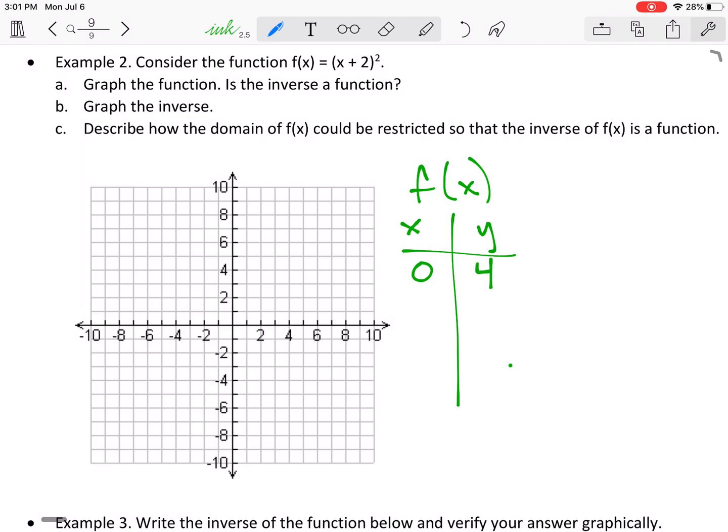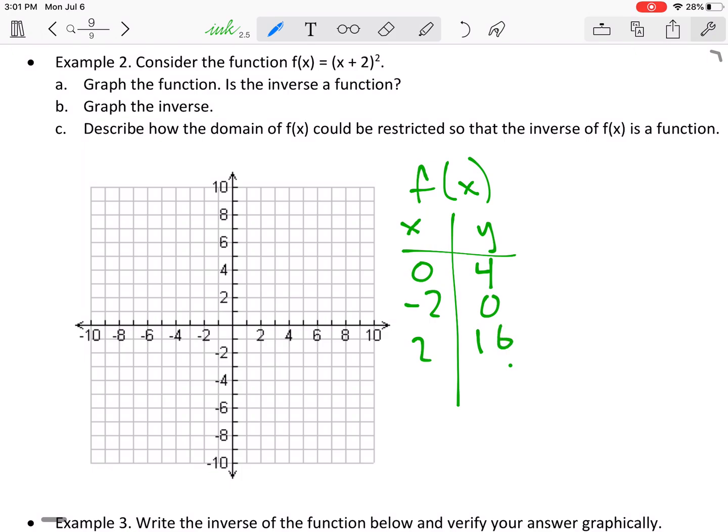Okay, let's use negative 2. If x is negative 2, y is going to be 0. Let's use 2. If x is 2, that's going to be 16.